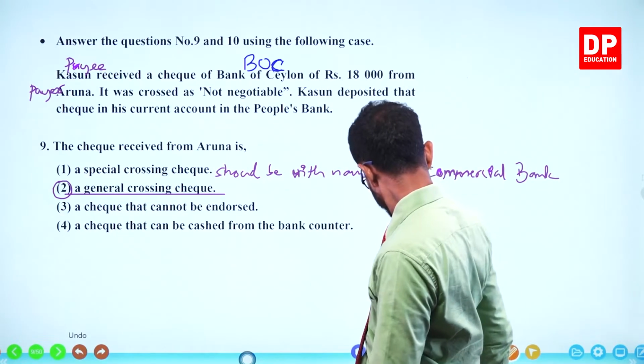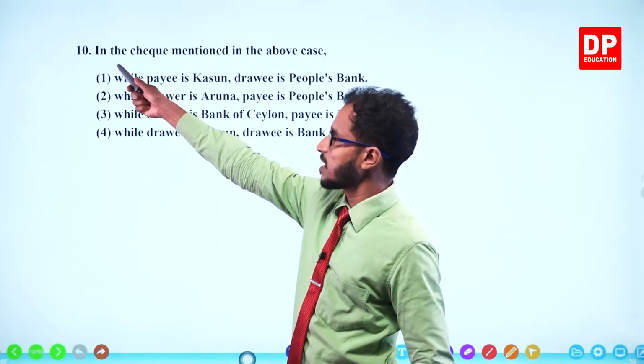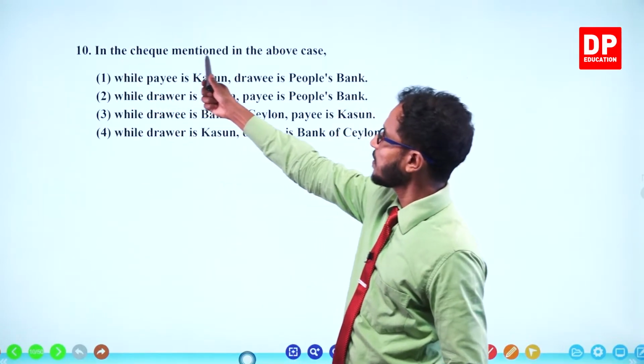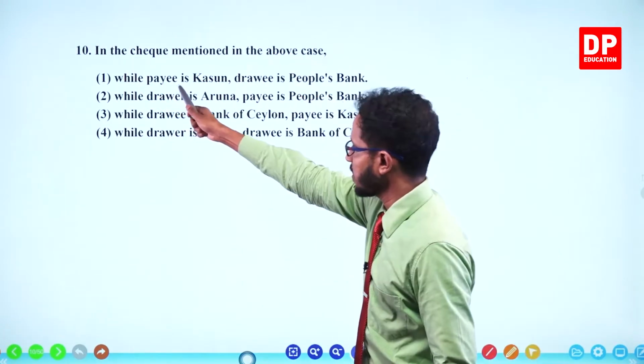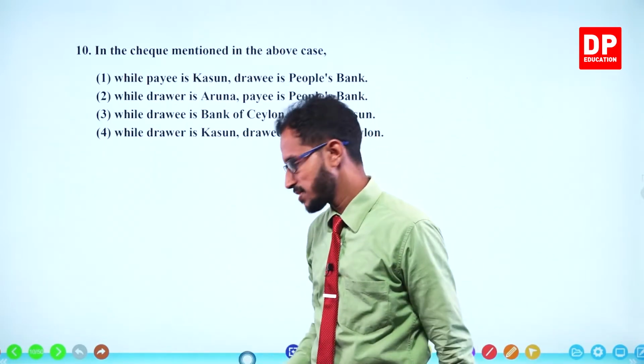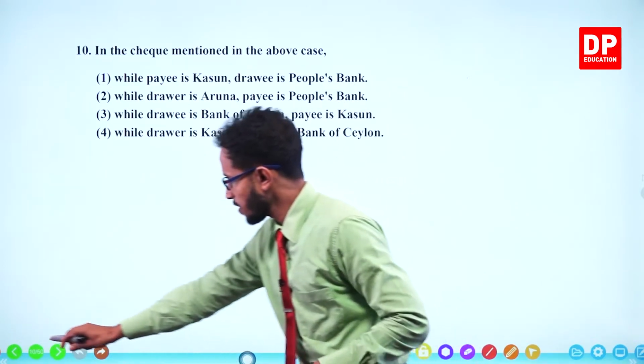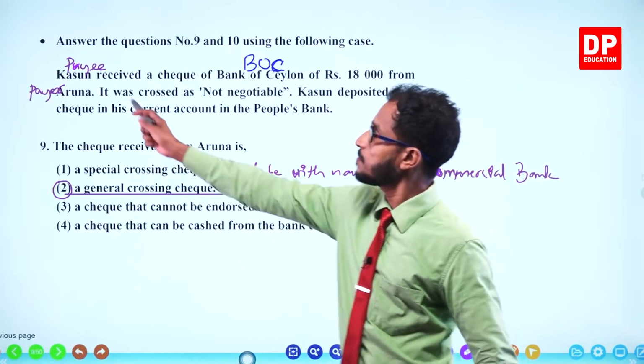10th question. Now we have another case which we read, and this question is also from that case. The question asks, in the check mentioned in the above case, the payee is Kasun, the drawee is People's Bank. That's why we marked these things on the case itself. Did you notice that? See?